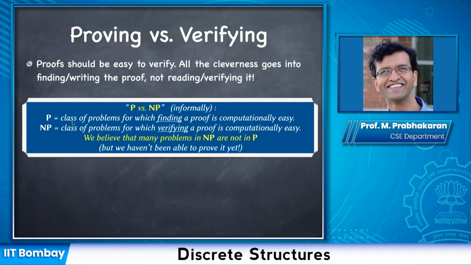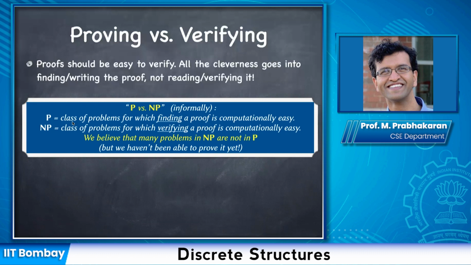It will verify and accept the proof. If somebody took a false statement and tried to write a proof, this program will always reject their proof. So suppose such a program efficiently exists, then we say that the problem belongs to this class NP.